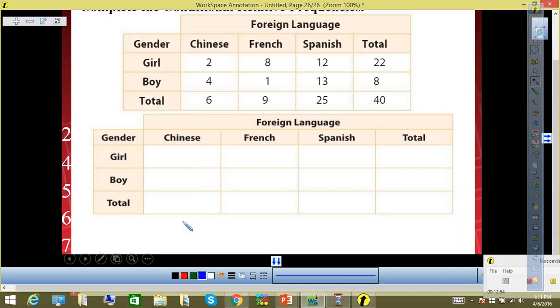Top. Okay, well, tell me total, girl total, boy total, Chinese boy, French girl, Spanish boy. Which one? Chinese girl, okay. And what do I write? No, give me the fraction first. What fraction?